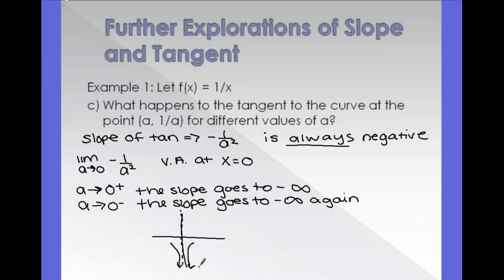Sorry, how do you know that it's doing that and not the opposite? Because no matter what I plug in, this negative right here is going to force my answer to be negative infinity. No matter what, like if I plug in negative 1 or positive 1, it'll always be negative because of the negative slope.